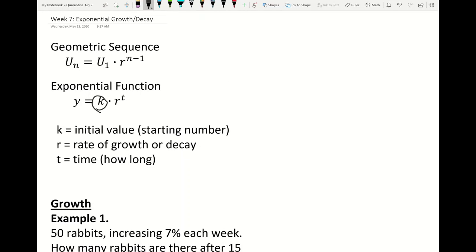So I'm talking about right here. When we were talking about geometric sequence, we had to subtract 1 from the exponent. But for exponential function, it's just t. You do not need to subtract 1 because the first term is actually the beginning value. So that's going to be year 0 or term 0.